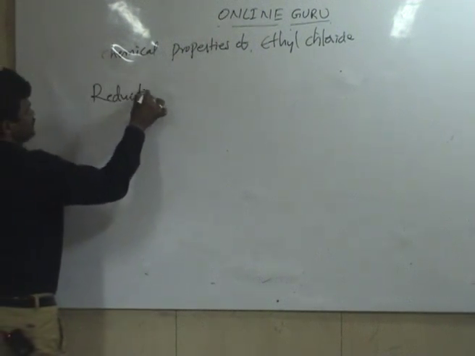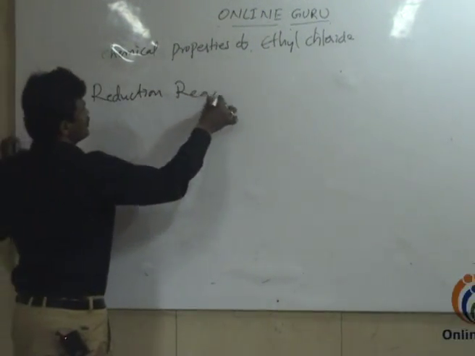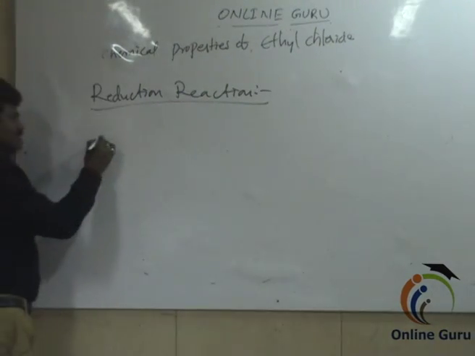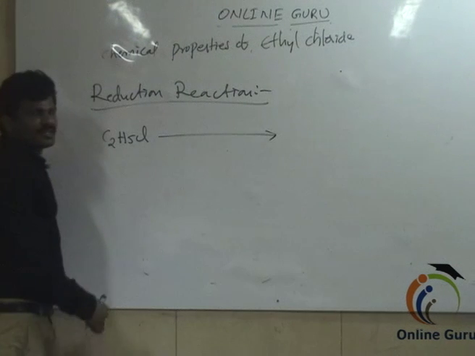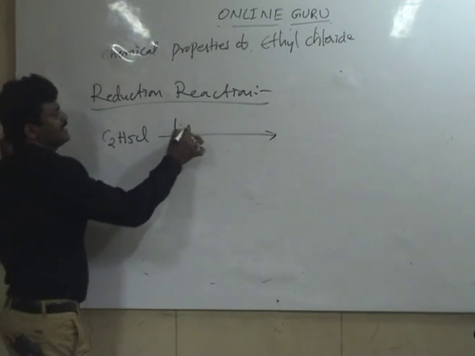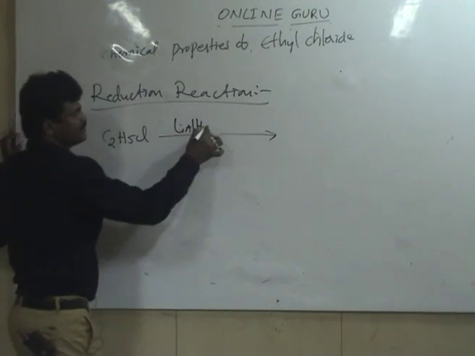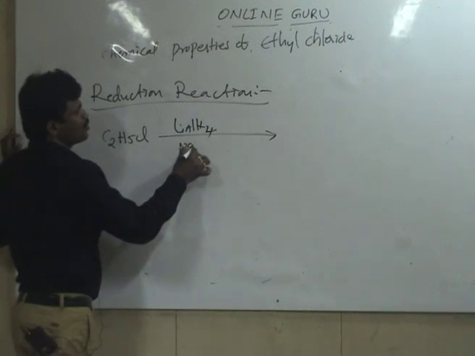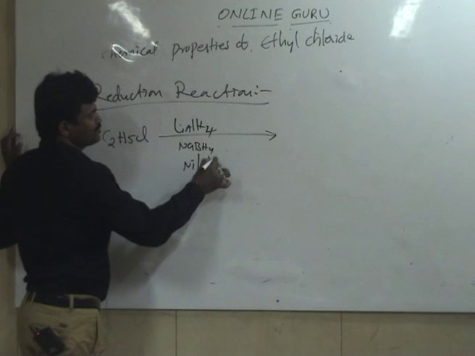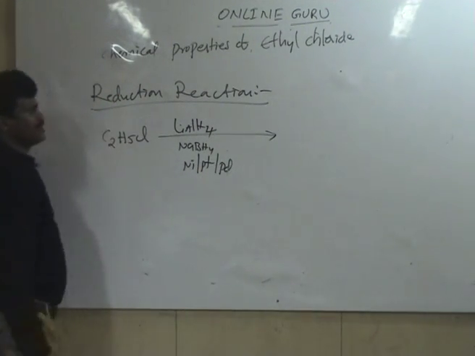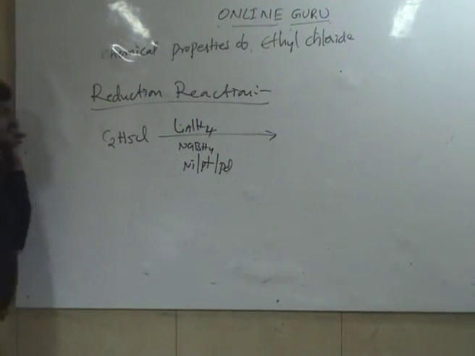Now, reduction reactions. Ethyl chloride undergoes reduction in presence of lithium aluminum hydride, sodium borohydride, or nickel, platinum or palladium. Those are examples of reduction reagents.